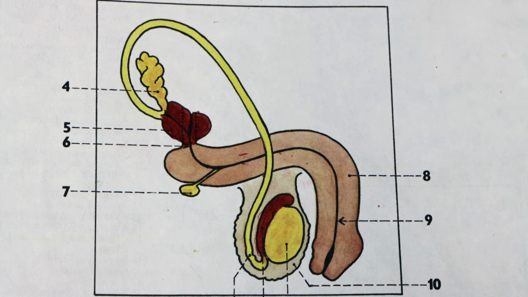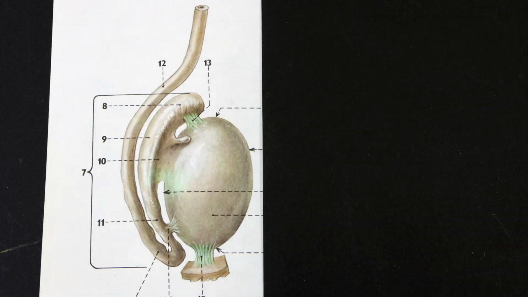So now we are going to discuss the details of each structure. Regarding the first part, the testicle or testis, it is the main organ of the internal male genital organs. It's paired and is located inside the scrotum.